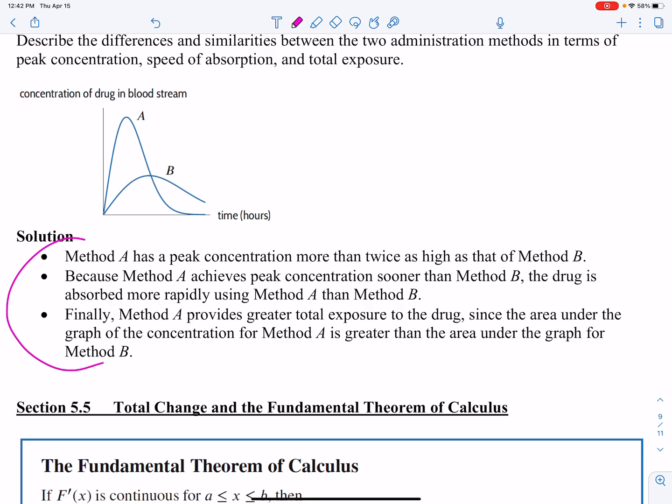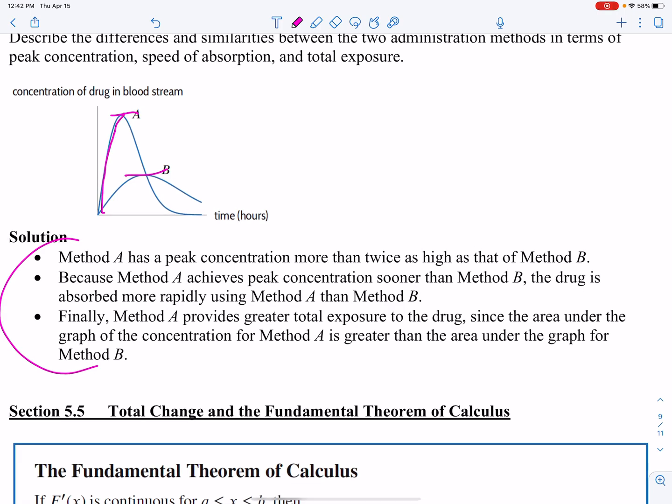So method A has a peak concentration more than twice as high as that of method B, right? So peak concentration just means maximum Y value. Because method A achieves peak concentration sooner than method B, that means the drug is absorbed into the body more rapidly than B. Okay? And we can see that because the curve skyrockets here for A, but kind of takes its time for B to get to the max.